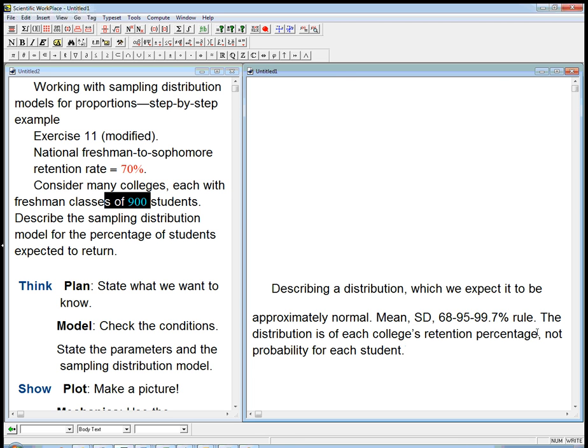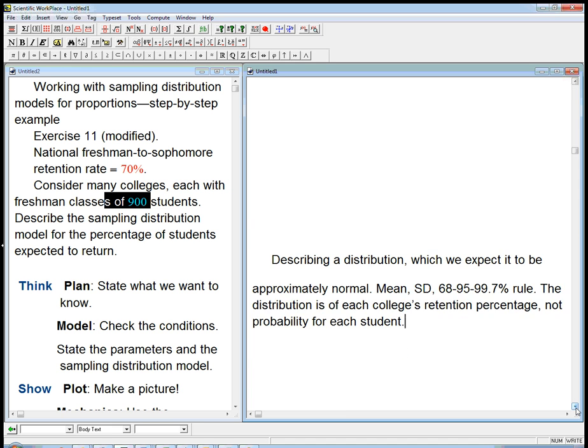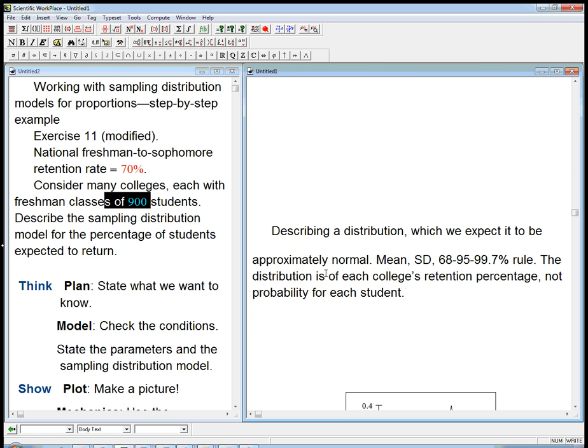And this is really, really important because the probability for each student could be very complicated, and we might not have any idea what the details of the distribution for each student are. But the beautiful thing is that if we just check a few conditions, which we're going to check in a minute, then we can verify that since this is a sampling distribution for a proportion, it's going to be modeled very closely by a normal distribution.